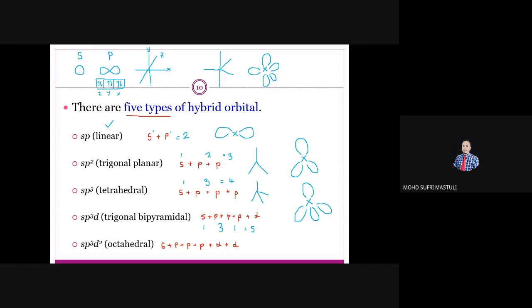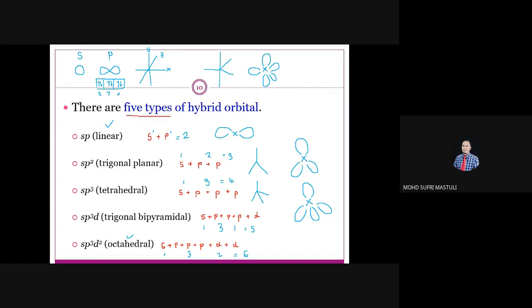Last but not least, the hybrid orbital of sp3d2: 1s, 3p, 2d, so in total 6. In total of 6, this means that the geometry is octahedral.